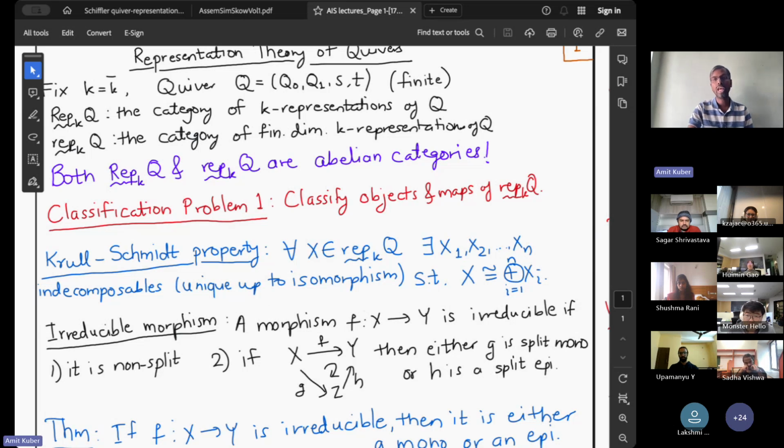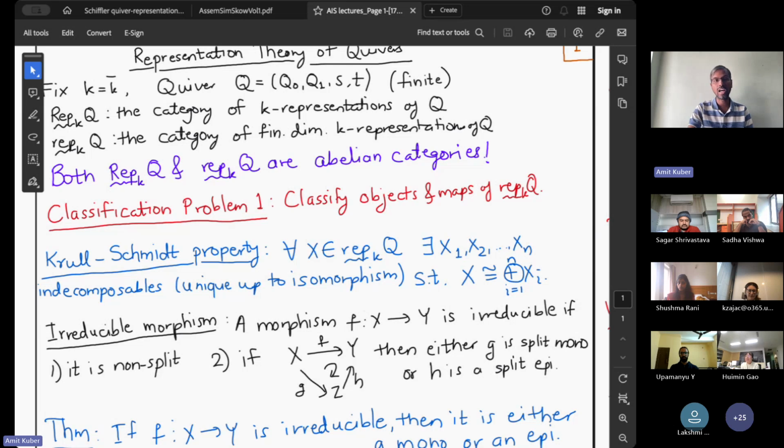Okay. So if we are talking about classification of objects as well as morphisms, then what exactly are we looking for? Morphisms should also factor. Now, you are parallelly studying Lie algebras in the morning sessions. In Lie algebras, I don't think people have gone up to that because classification of objects itself is a very hard problem.